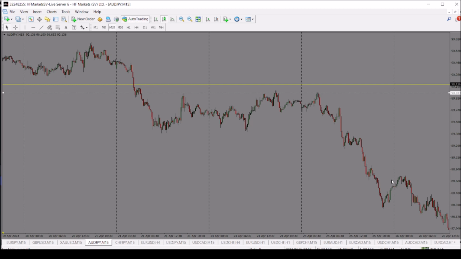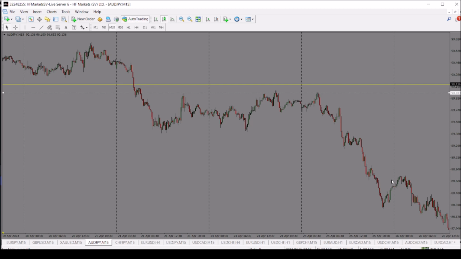Get a candlestick reversal pattern, preferably on smaller time frames, probably the M5 or M1 even, if you have more time to actually observe those time frames, or even the M15 time frame, then enter without fear.